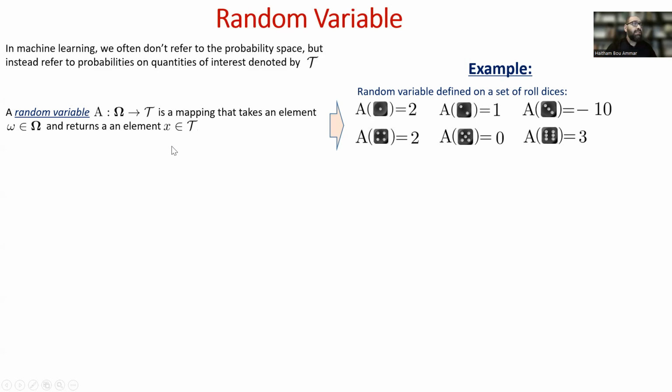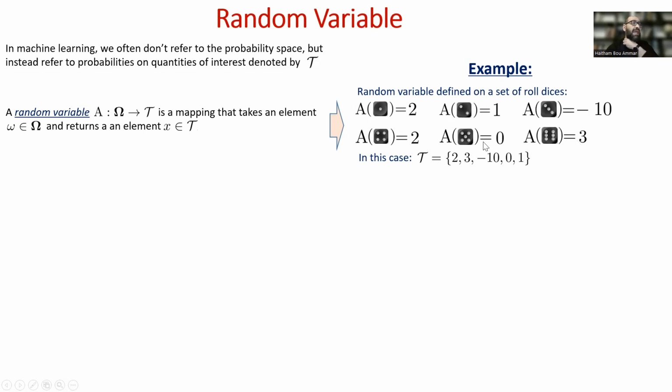And now we are interested in this set T, which in this case will be those numbers: 2, 3, minus 10, 0, and 1. The random variable A is going to take that omega and map it to an element inside the set T. So our set T, the quantities of interest for us, are 2, 3, minus 10, 0, and 1.